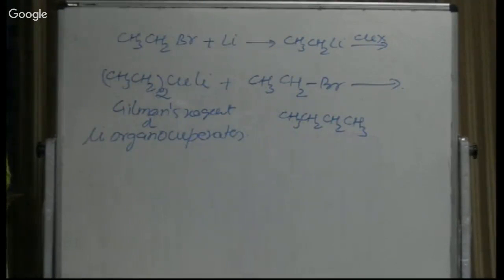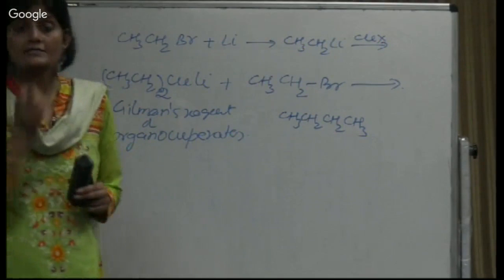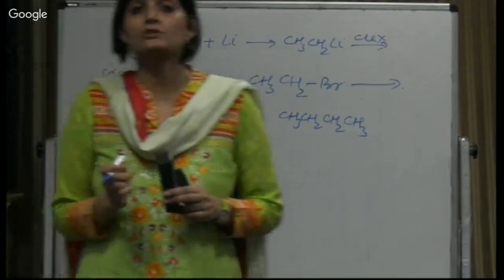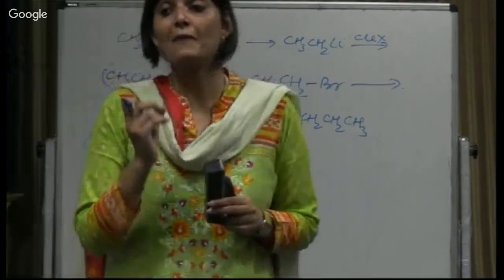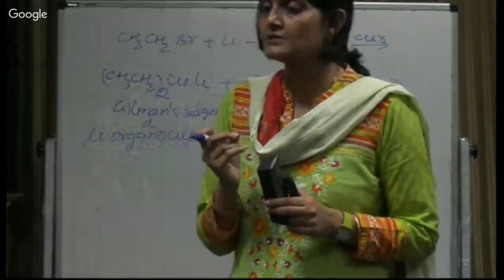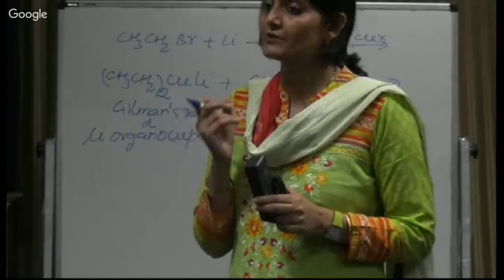So that's how the reaction takes place. As I said, you can prepare both odd and even chain alkanes by using the Corey-House synthesis. The last reaction for preparation of alkanes from alkyl halides is via the Grignard reagent reaction.